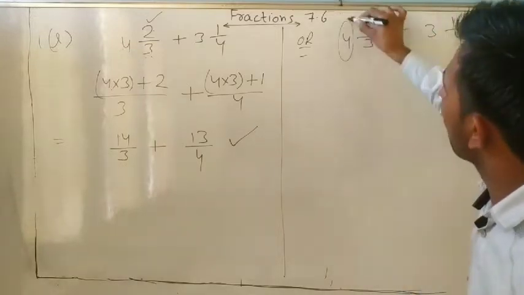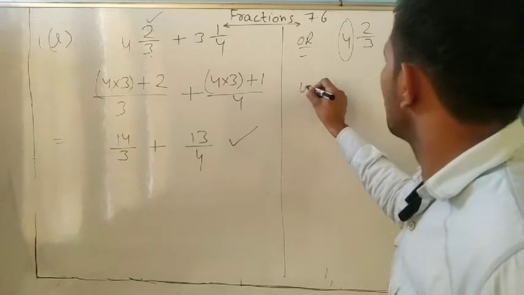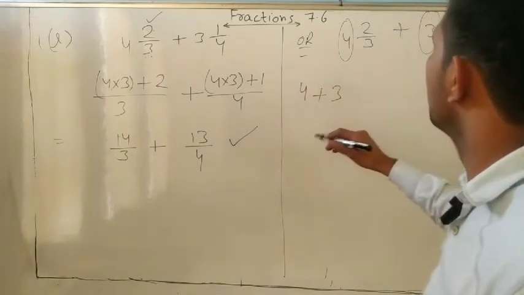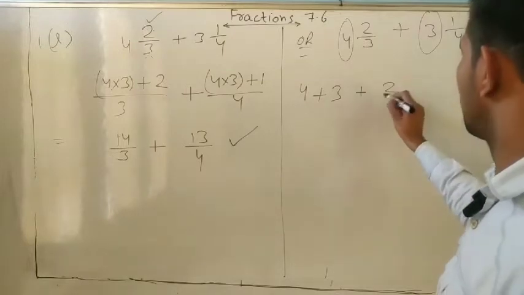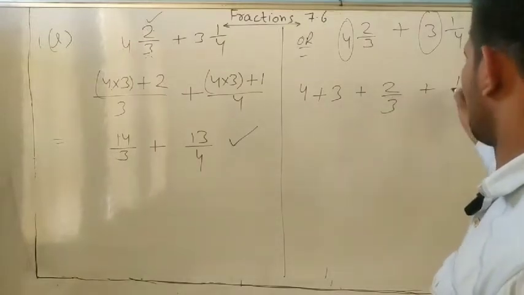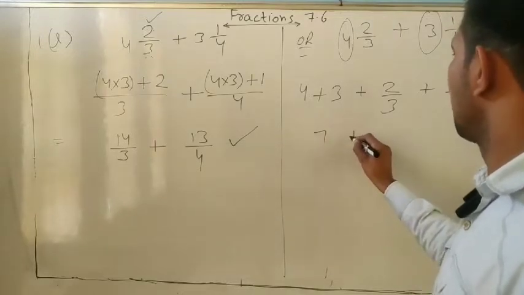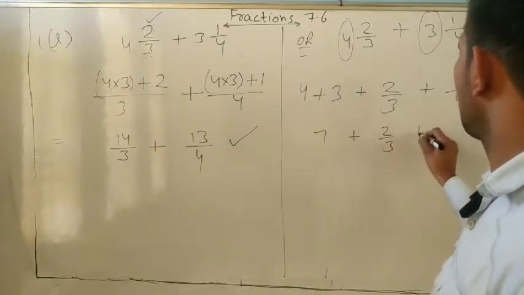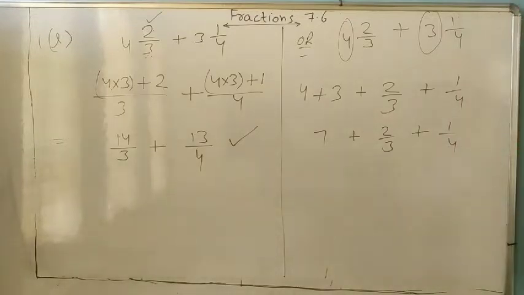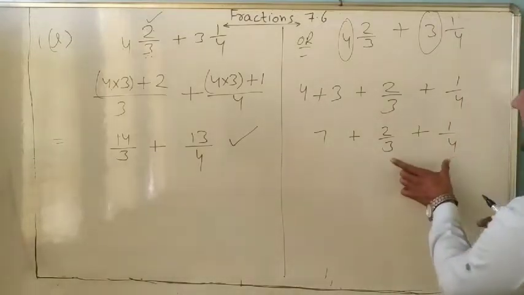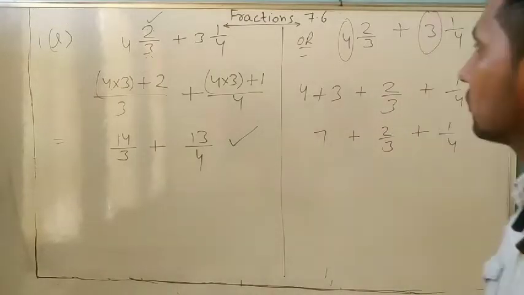We know the whole numbers are whole, so we add the wholes, 4 plus 3, and we add the fractions, 2 by 3 plus 1 by 4. 4 plus 3 is 7, plus 2 by 3 plus 1 by 4. We add these two fractions and then add 7. So now you can solve like this.